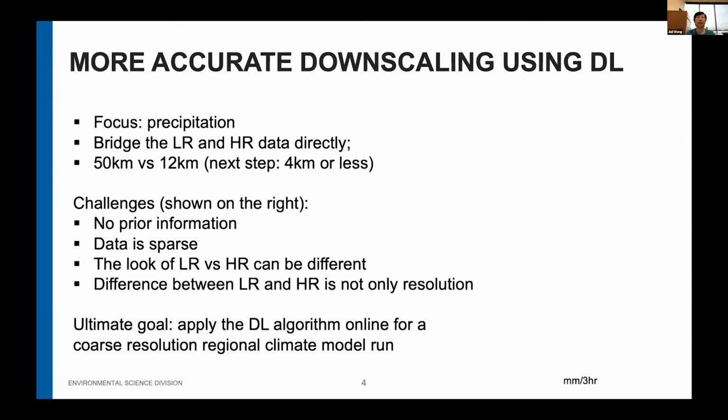If one has a low resolution regional model run, they can use this bridge to generate high resolution data. And this high resolution data should be reliable enough. By reliable, we mean it should be close to observation, but we also don't want to constrain ourselves to observations because there are limitations about their availability.